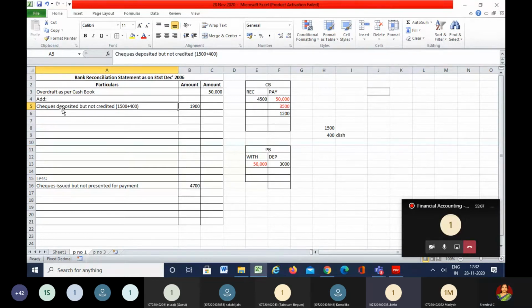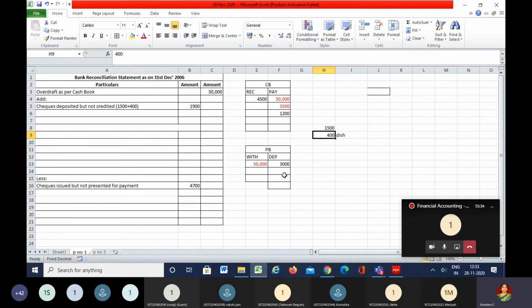I'm Neha. Actually, Neha, I was discussing that the checks have been received and deposited into the bank, but the same thing has not been credited by the banker. So here 1500 checks worth has been credited by the bank after 31st of December, and there was also one check for rupees 400 which has been dishonored by the bank, right?